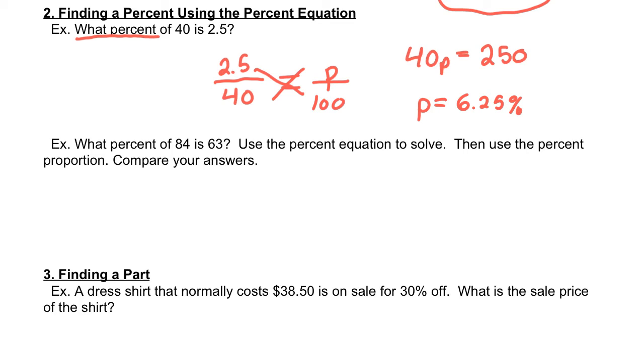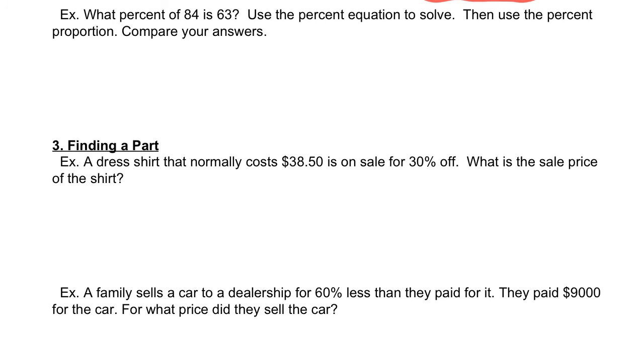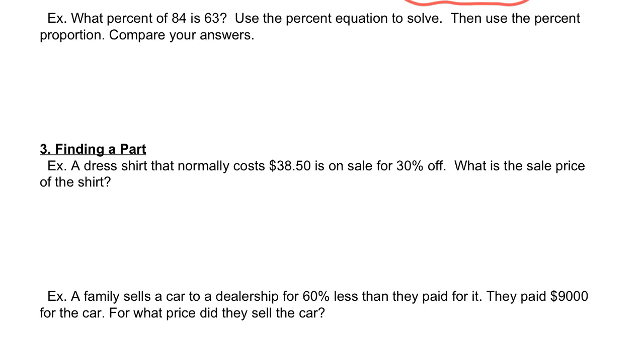And that should make sense. 2.5 out of 40 is 6.25%. It's a small percentage of that total, okay? The problem talks about using different methods. I just want to still use the proportions, all right? If you have a different way that works for you, let me know. But this is the way I'm going to teach it, because proportions are an important thing that we're going to use throughout Algebra 1, geometry, and Algebra 2. So it's a recurring thing.